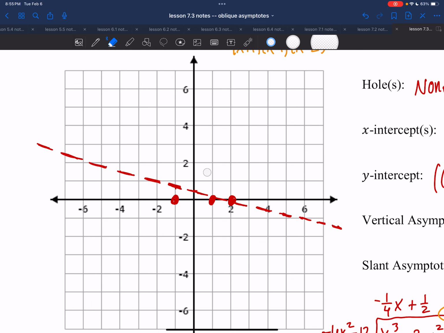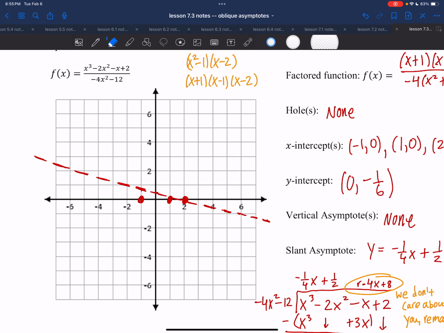So you've got this asymptote, right? I am going to go ahead and make those points blue so you can really see the curve here. Negative 1, 1, and 2. This is interesting. So I know it's going to come from up here. I don't have a vertical asymptote to guide me, so I'm just taking a stab in the dark.